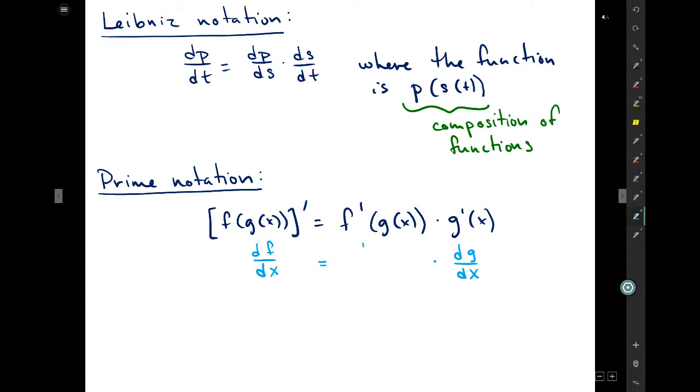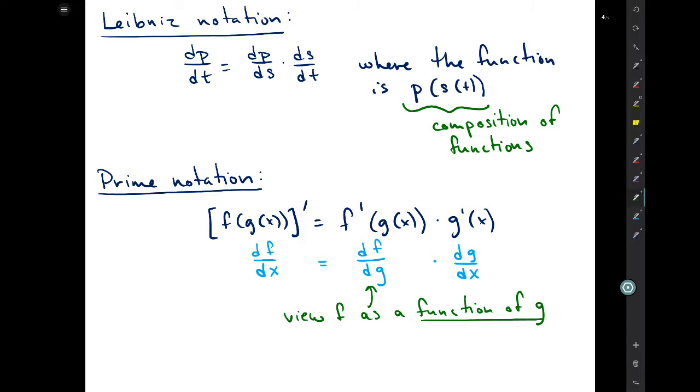And so that's the tricky part of going between Leibniz notation and prime notation, is this middle term here. Here what we're doing is we're taking the derivative of f, but we're viewing it as a function of g when we do that. So we view f as a function of g when we use the chain rule.